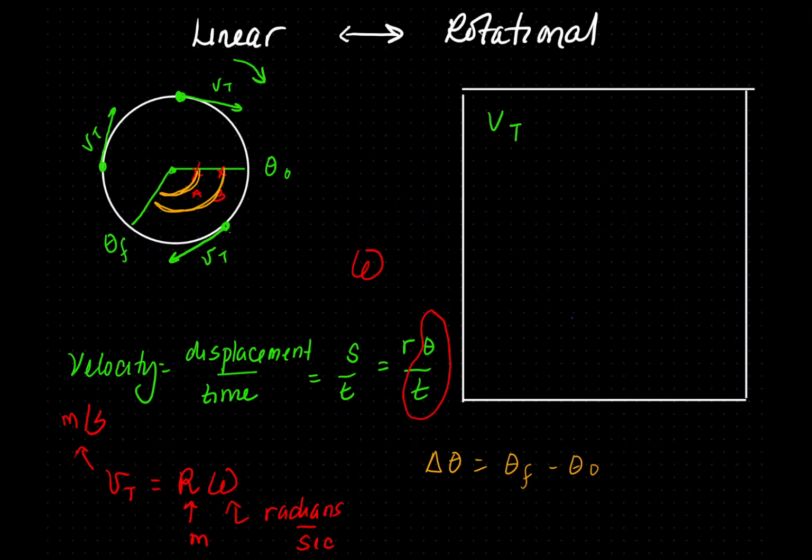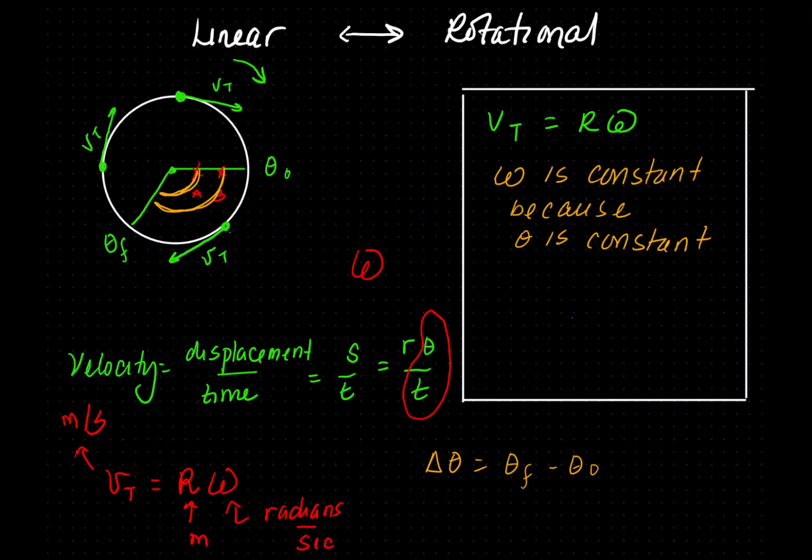So V tangential is equal to R omega. Omega is constant because delta theta is the same. So if we look at A and B from the axis of rotation, the radius of A is much smaller than the radius of B. Because B is further away from the center of rotation, it is going to have a greater tangential velocity.